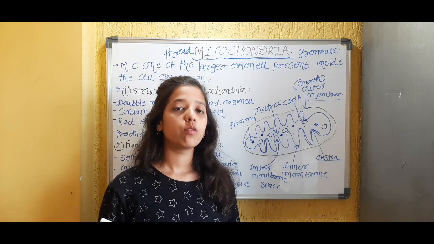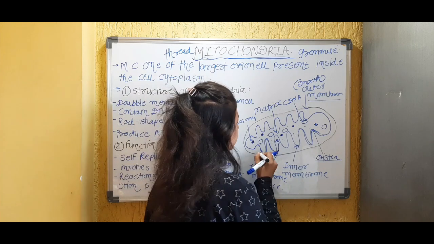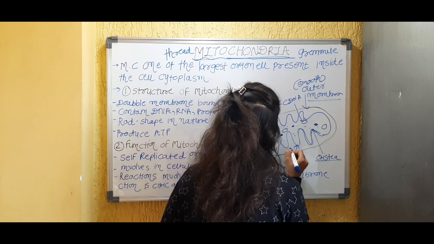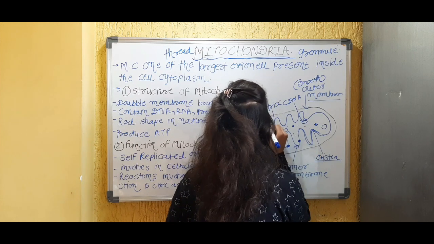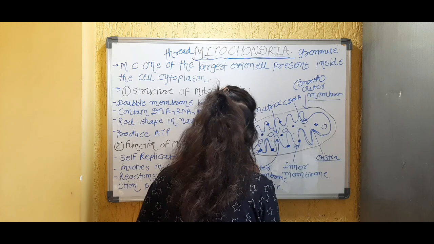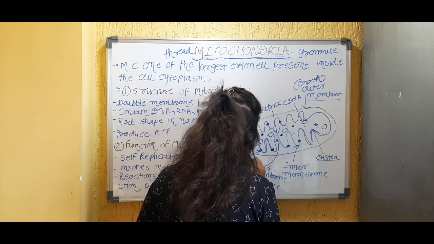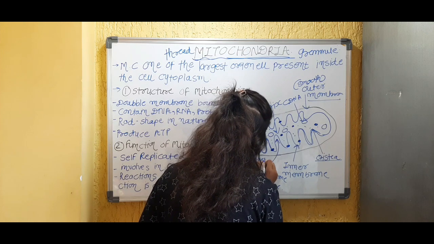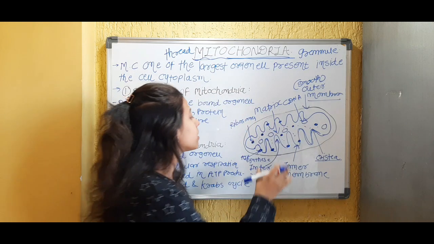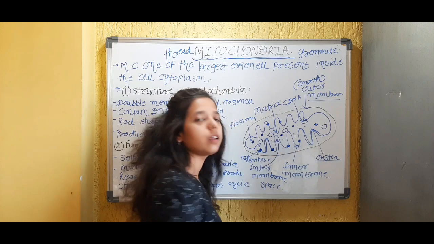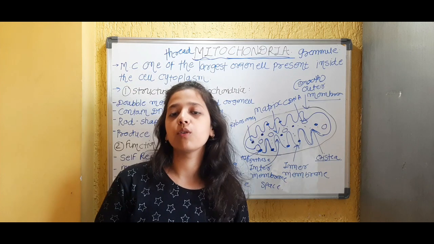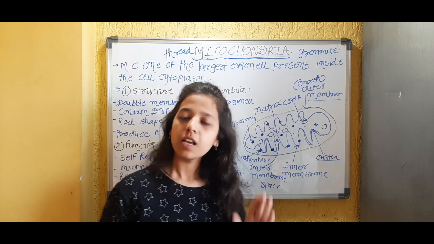ATP is produced by the ATP synthase enzyme, which is present in the cristae. So these all are ATP synthase. The cristae have the main role of producing ATP inside the cell.